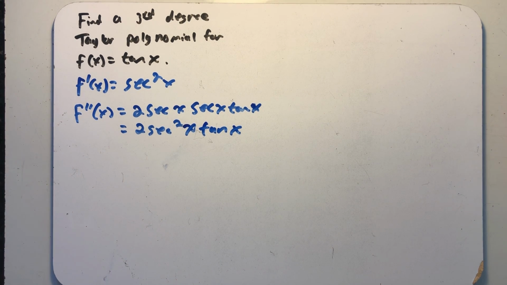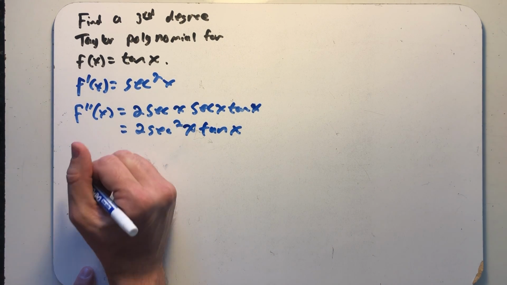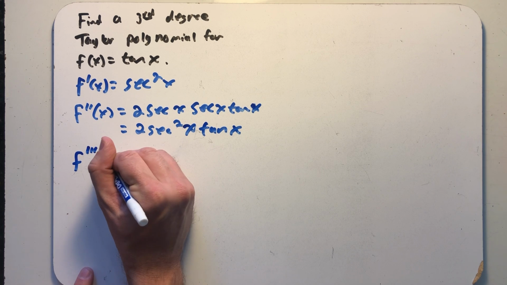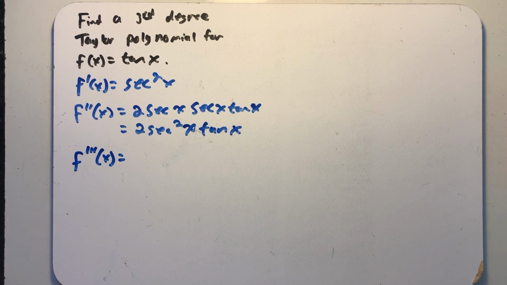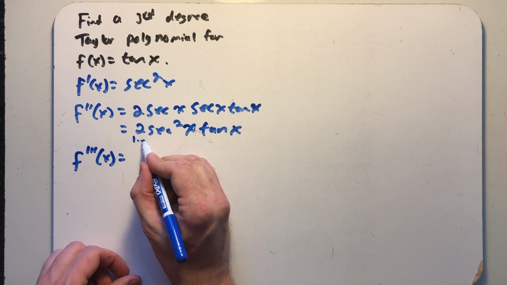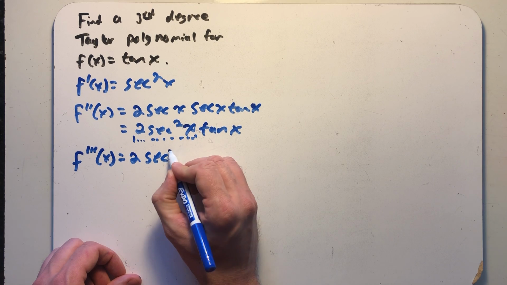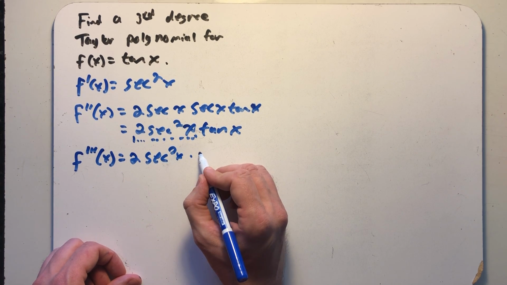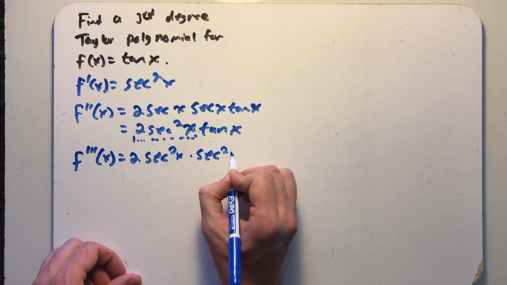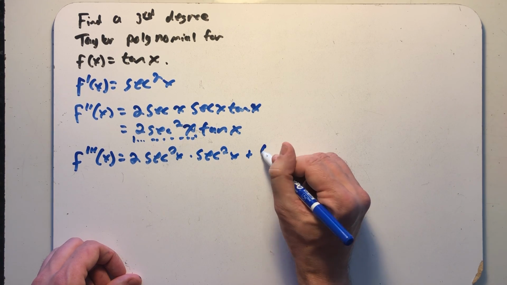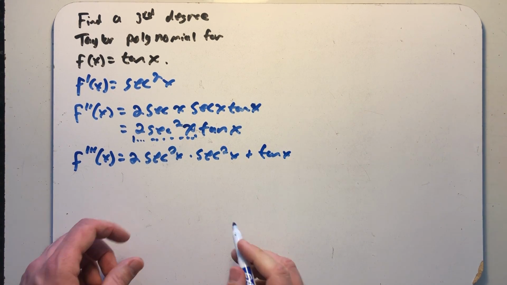So now I need one more derivative if I'm going to have this third degree Taylor polynomial, because the third degree term is going to come from this third derivative. And here I have the product of two functions, so I'm going to have to think about using the product rule. So I have the first function times the derivative of the second function plus the second function times the derivative of the first.